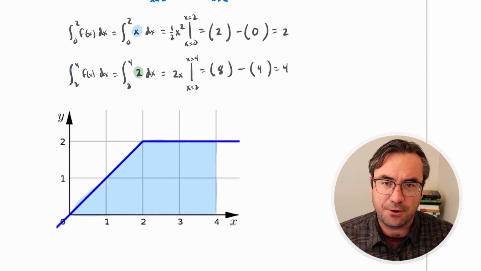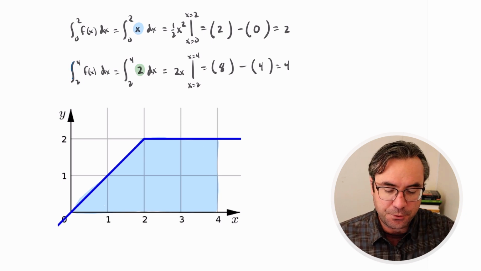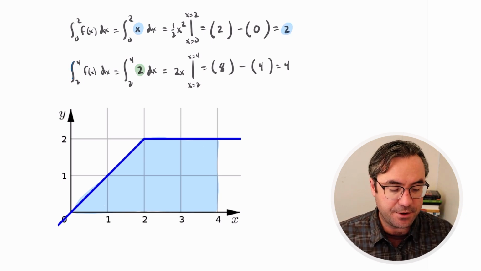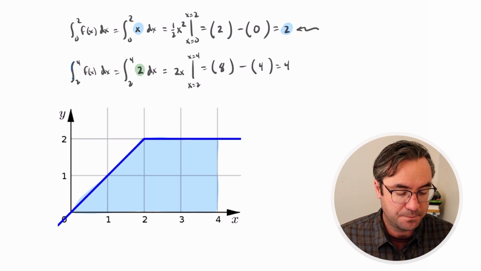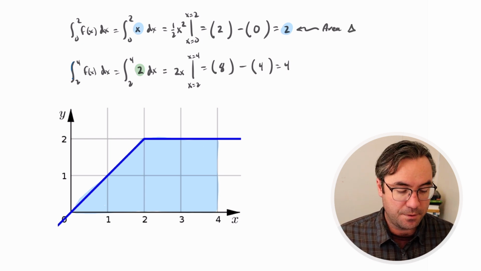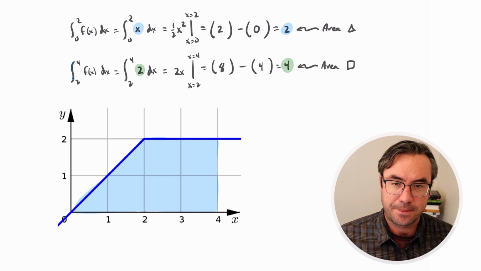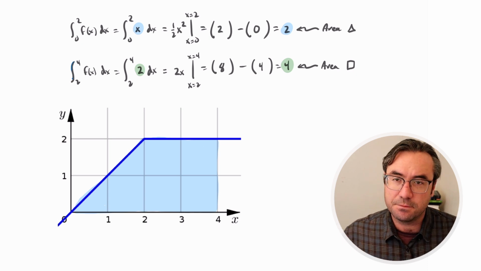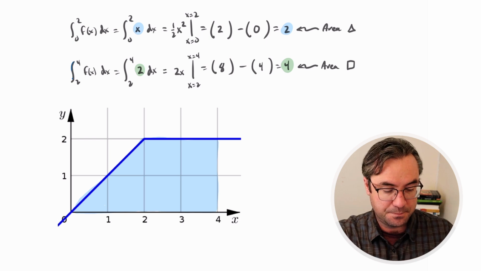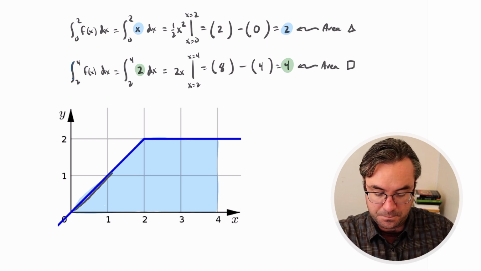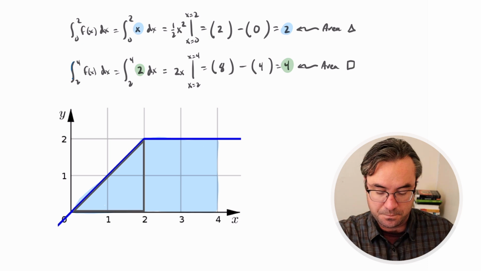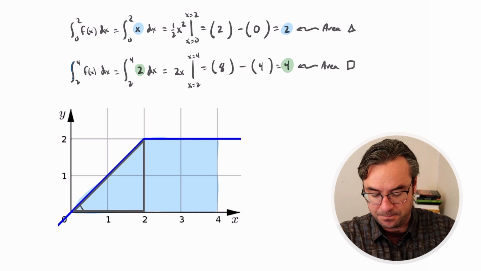So if we go back down, this 2 here, this is the area of the triangle. And the 4 that we found, this is the area of the rectangle, well, actually the square. So if we're looking from 0 to 2, we have that triangular region.